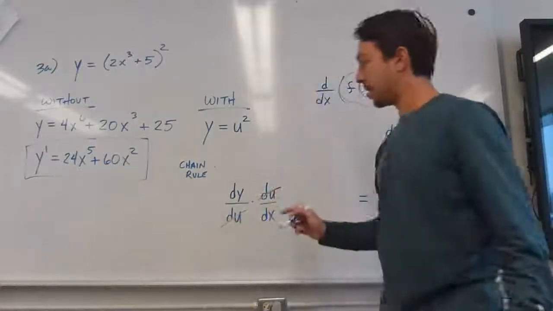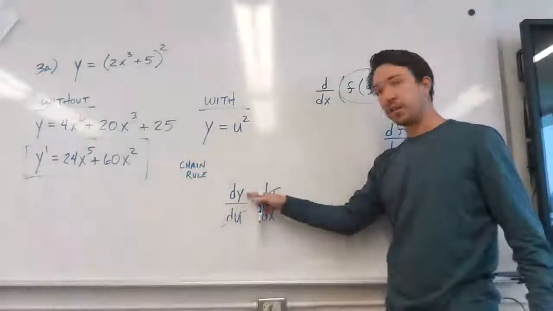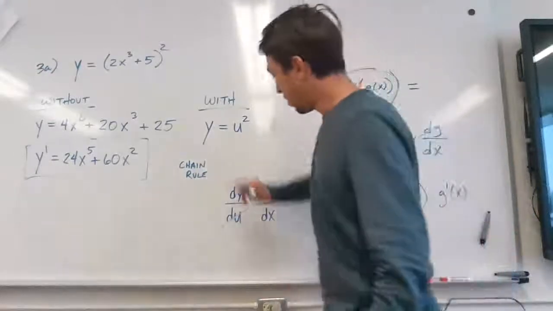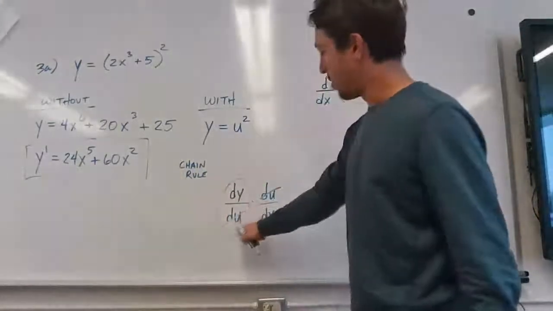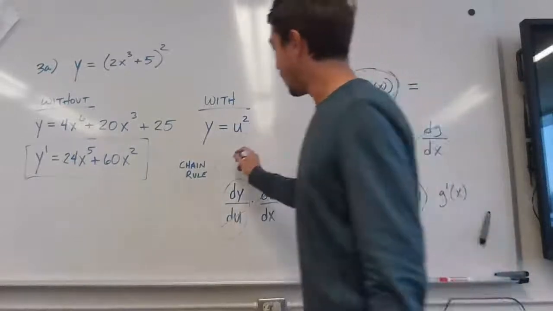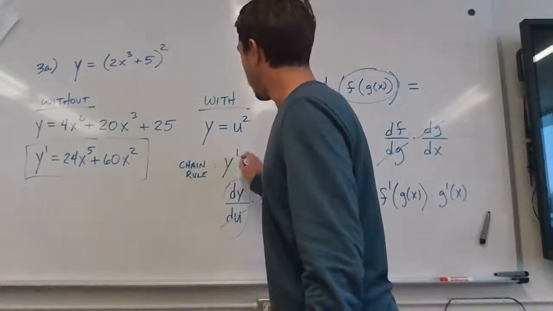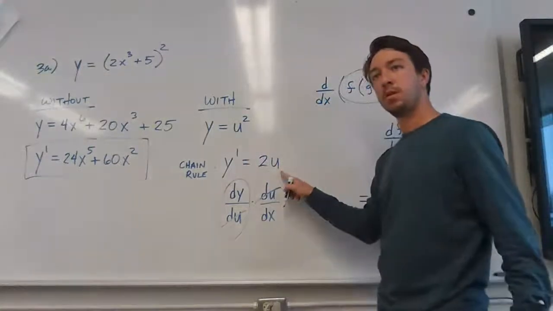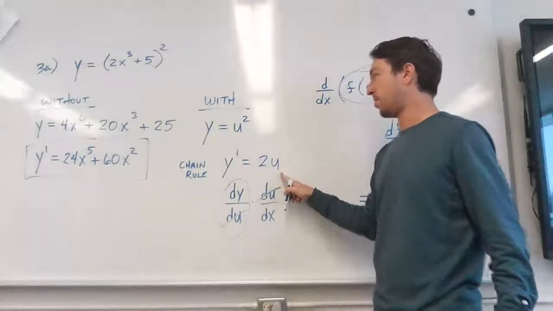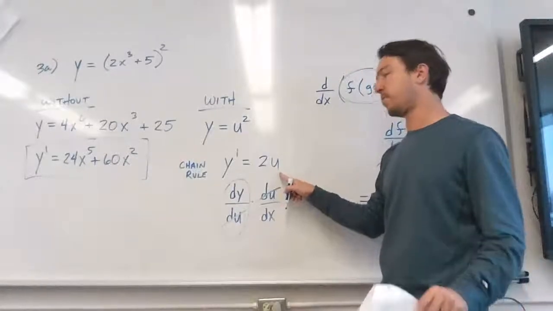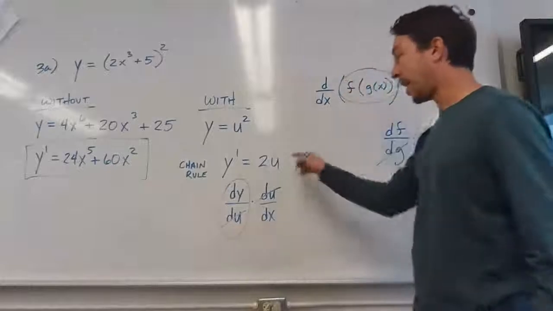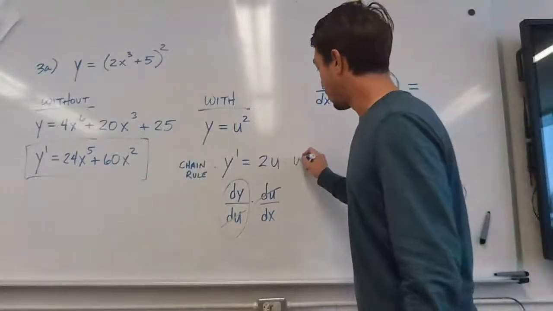That gets us the derivative of the function with respect to x. So this first term here, what's dy over du? It would just be 2u. Everyone understand that? What's the derivative of x squared? 2x. What's the derivative of u squared? 2u, if you're taking it with respect to u. And then you tack on u prime.